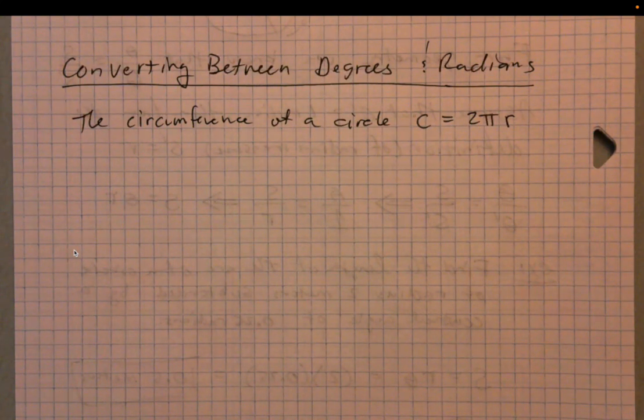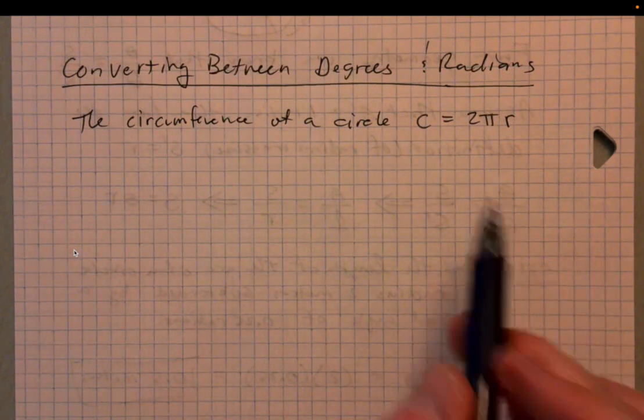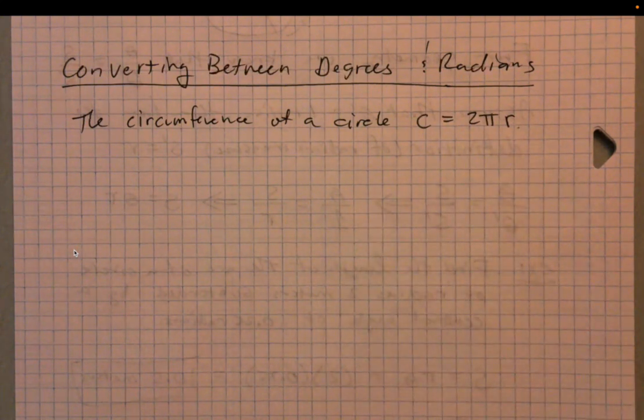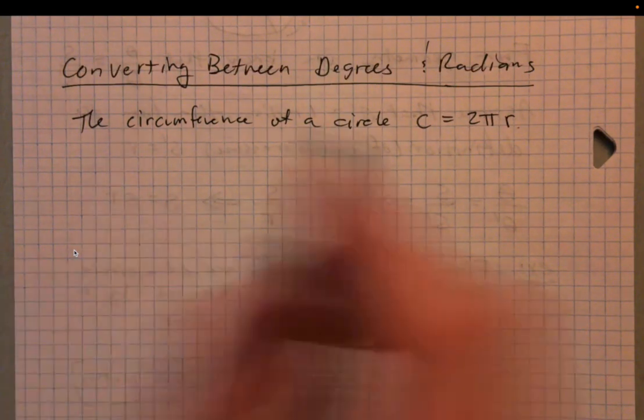If I have a circle and I know the radius, I can determine the circumference, i.e. the distance around the circle, using this formula. Basically multiply r times 2 times pi, pi being the transcendental number 3.14159... So this is the first formula we need.